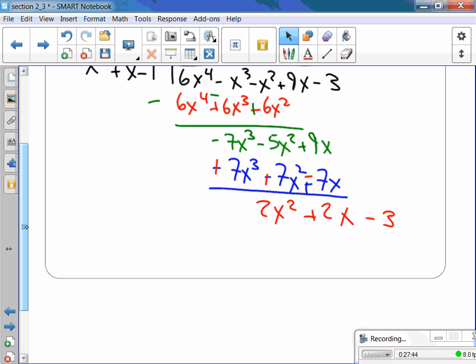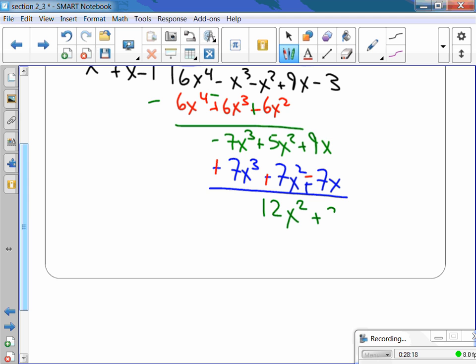This should be a plus 5x squared, right? Yeah, that was freaking me out. Yeah, I was going to say, that doesn't look too right. Negative x squared plus 6x squared gives us a positive 5x squared. So now we get 12x squared plus 2x minus 3.